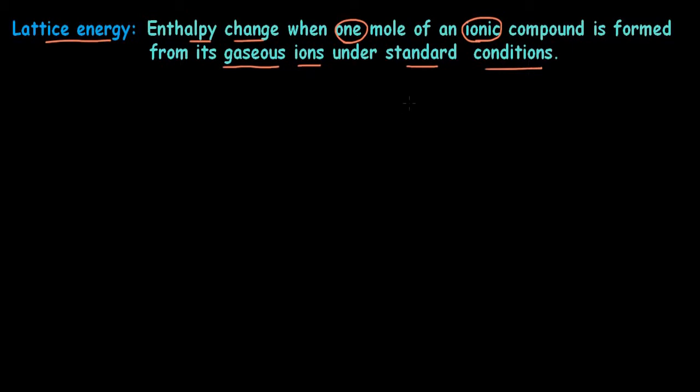Again, if we take the example of the ionic compound magnesium chloride, then in its standard state it is solid. That is formed from its gaseous ions. So magnesium ion has to be taken in gas form and chloride ion also in gas form, and to balance we are adding 2 here.